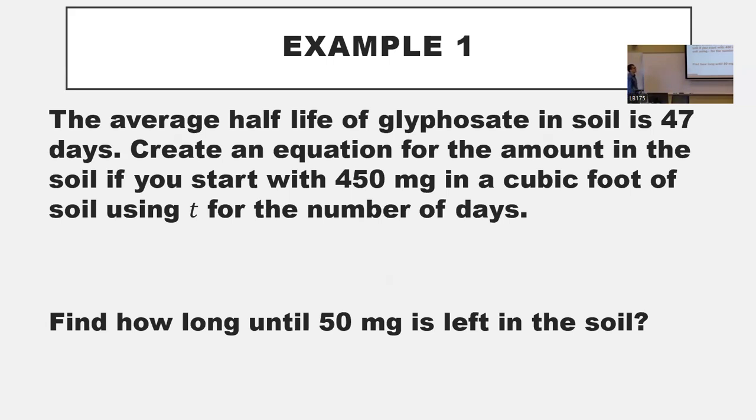So let's do an example. The average half-life of glyphosate in soil is 47 days. Create an equation for the amount in the soil if you start with 450 milligrams in a cubic foot of soil, using T for the number of days.